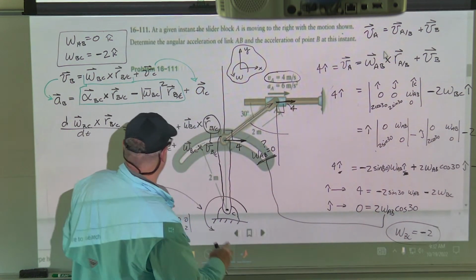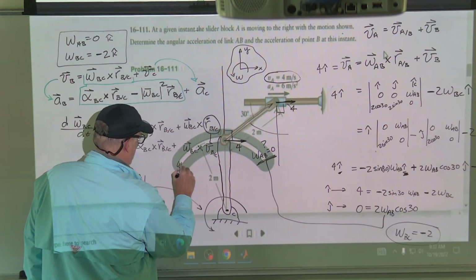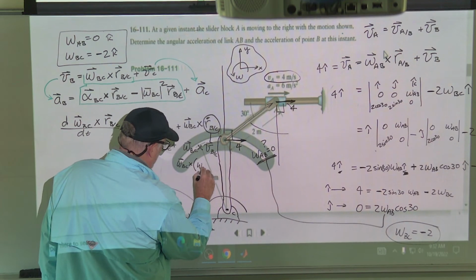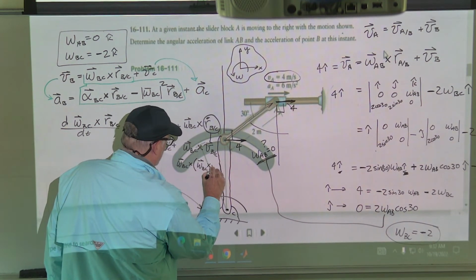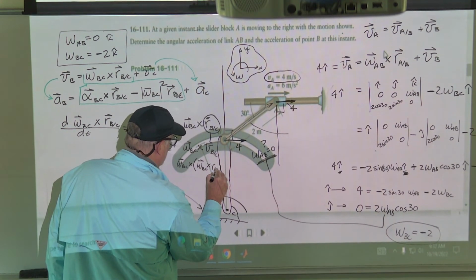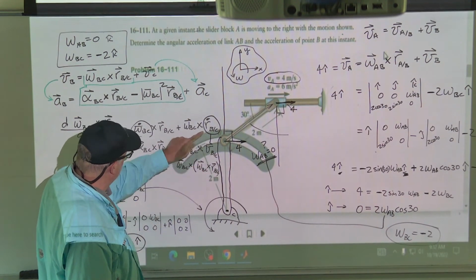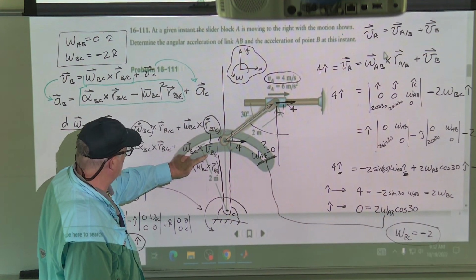So in fact, it becomes omega BC crossed with omega BC crossed with RBC. Kind of weird. But mathematically, that term yielded you this.